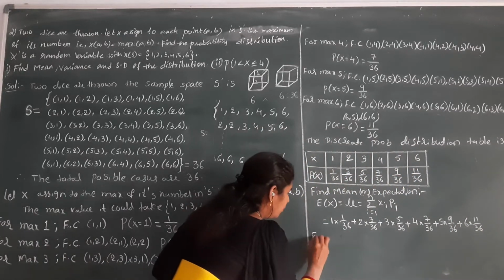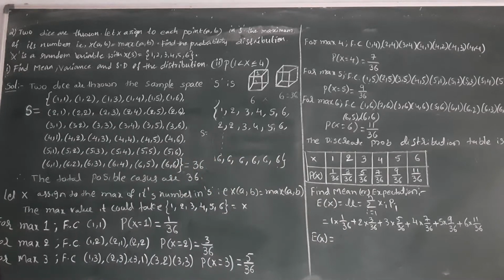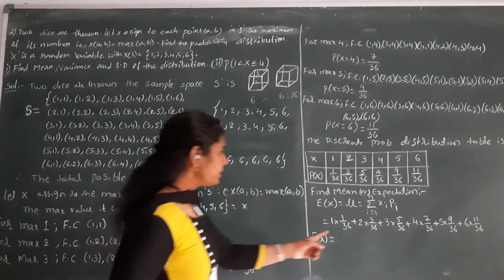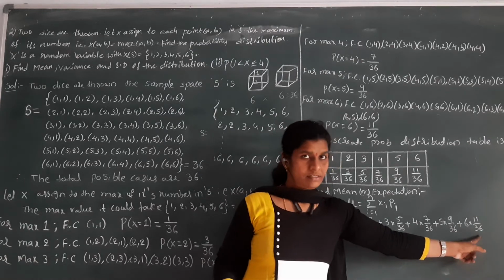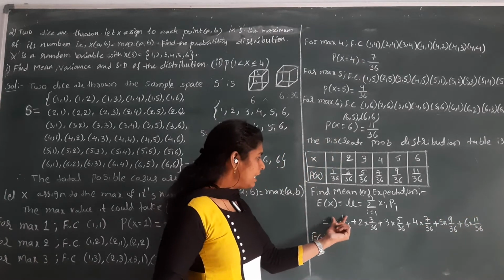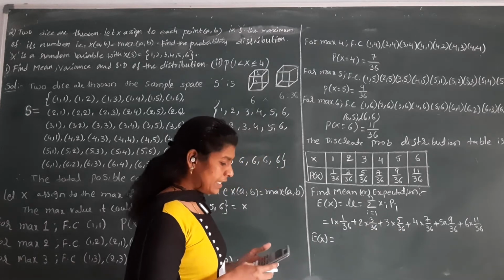Now we can find E of x by using a calculator. For easy calculation, all the denominators are same, 36. So first calculate the numerators and simplify, then divide by 36.